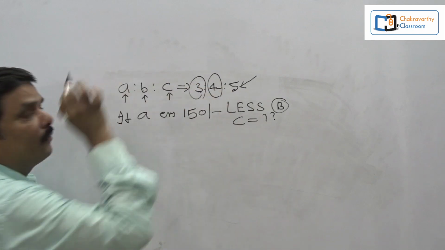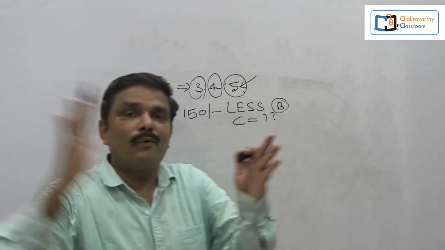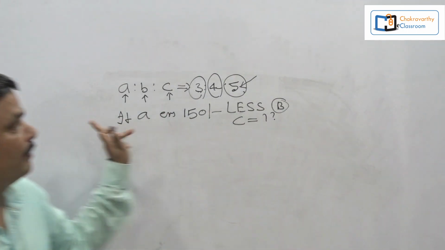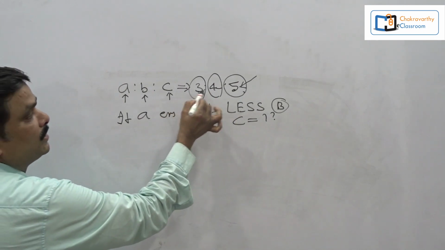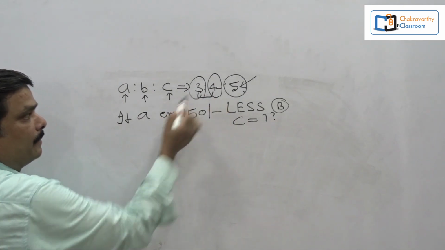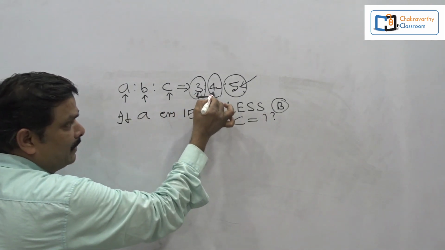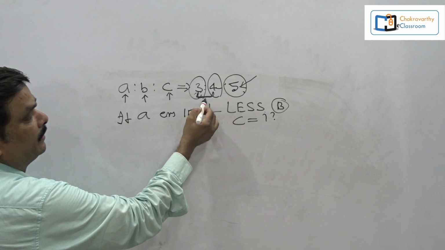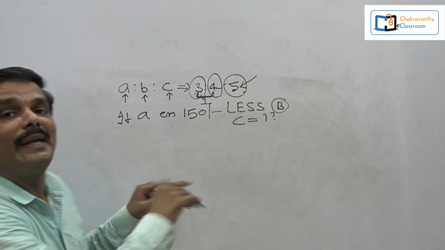B's income is 4 rupees. C's income is 5 rupees. Because A earns 150 rupees less than B, the difference between A and B is how much? Simply 1 rupee.